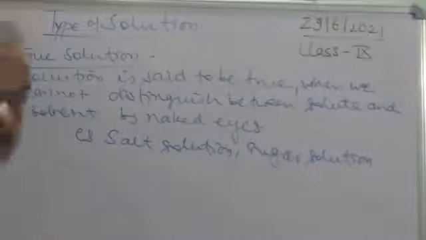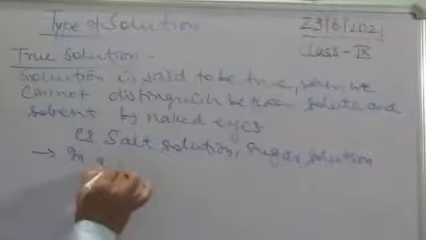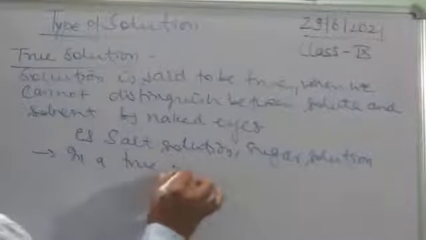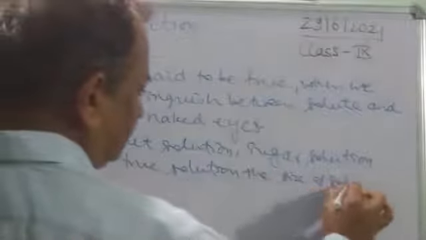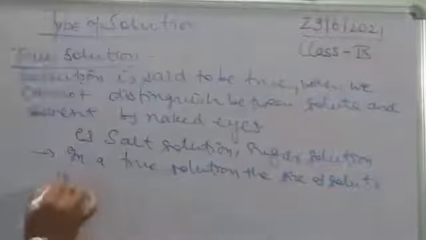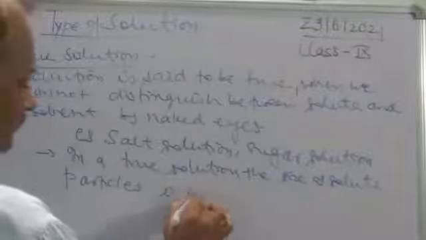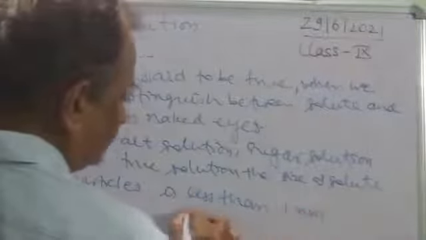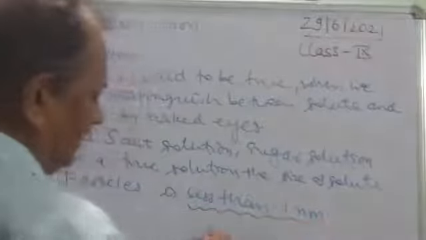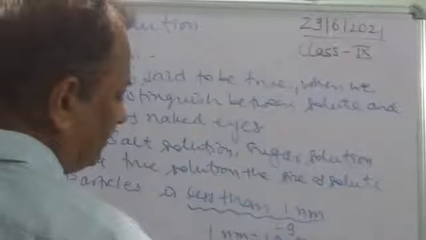Now, what is the scientific background? In a true solution, the size of solute particles is less than 1 nanometer. 1 nanometer is equal to 10 to the power minus 9 meter.